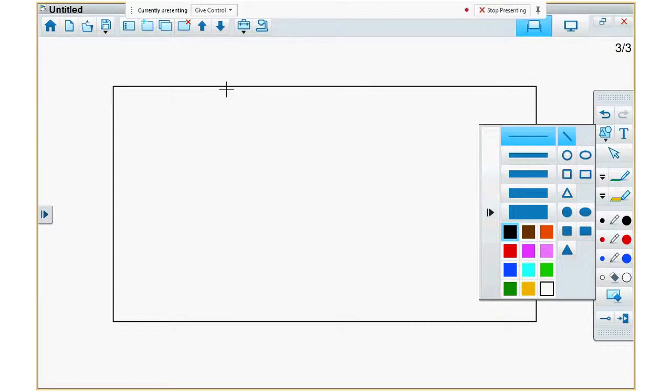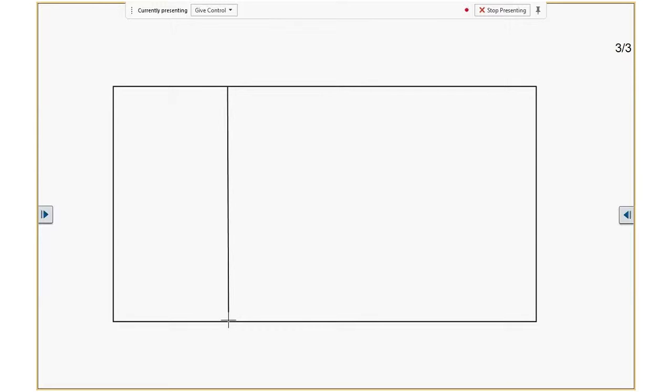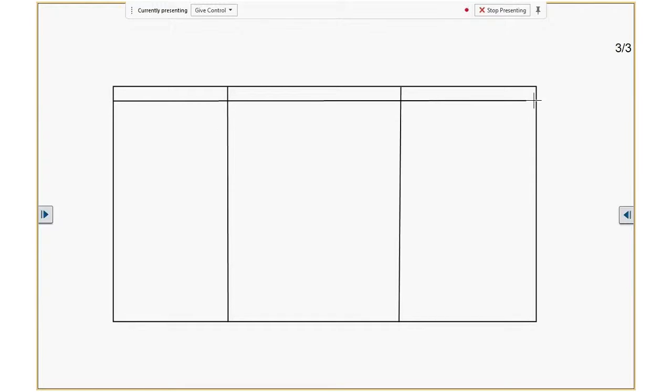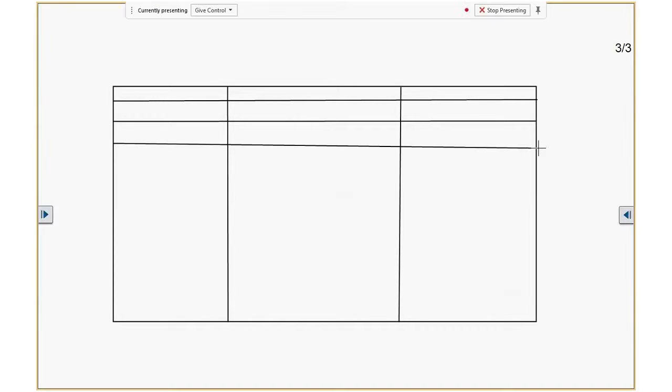I would probably divide it into several sections, and then maybe 10 lines this way. Make one for the top, it's very skinny, and then make 10 lines. Like so.